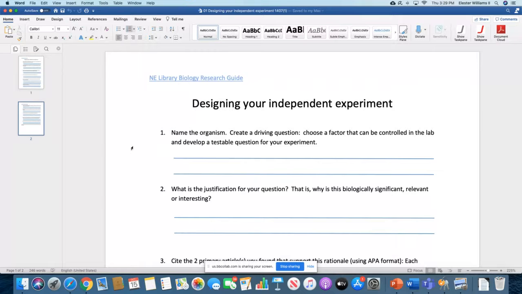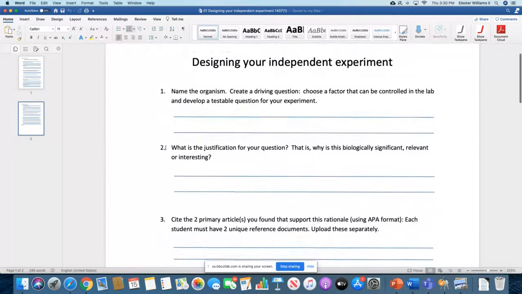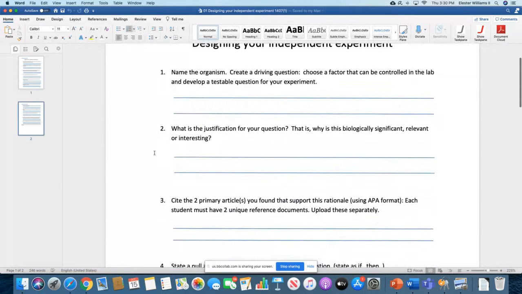Again, if it's a relatively simple experiment and you have access to those resources, then you will be able to conduct it, pending approval, of course, from me, in your actual homes. The second question asks you, why is it biologically significant, relevant, or interesting? This is important because it ties back to that driving question, what kind of scientific mystery or principle you are trying to solve.